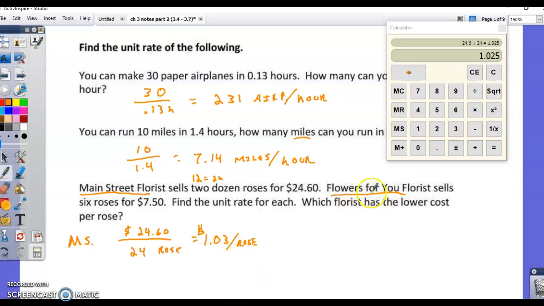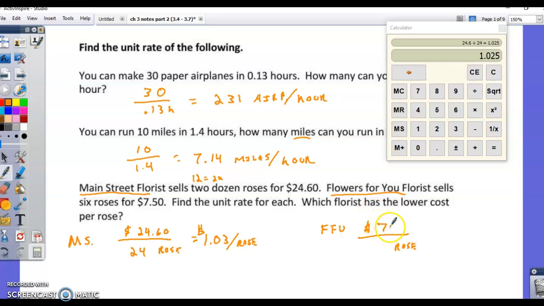All right, so let's look at Flowers for You. They are selling 6 roses for $7.50. And again, price per rose. So think about that as you say it. Price per rose. That tells you what goes on the top and what goes on the bottom.